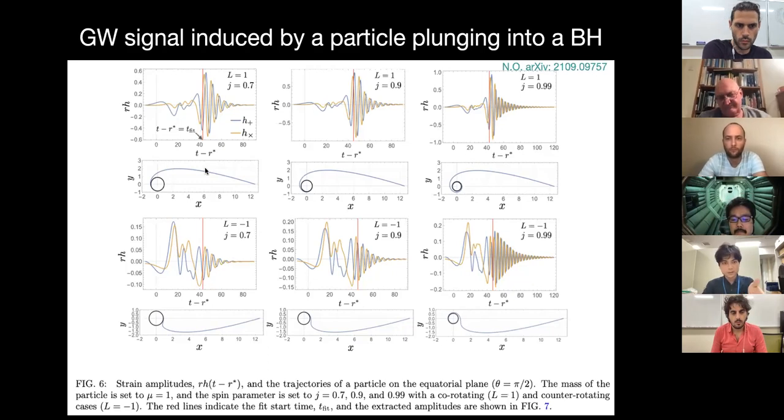This is the result. I also changed the initial condition of the infalling particles to see the universality of the importance of overtones. Then I performed the fitting analysis.